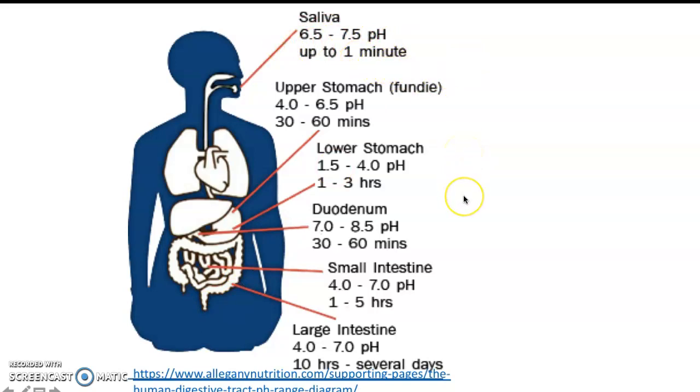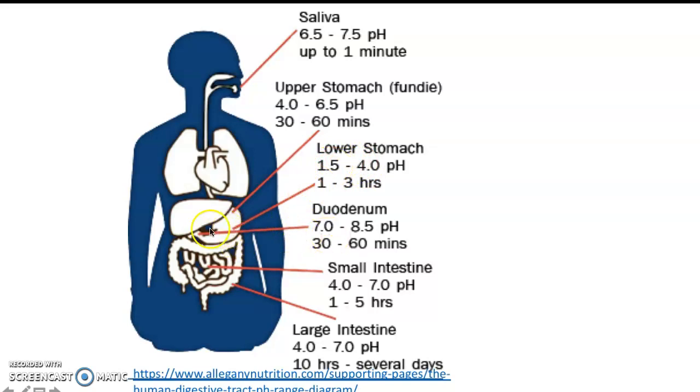He's also giving you an idea of how much time foodstuffs spend in each of those places, which is not really what we're going to talk about, but it is kind of interesting. So I do want you to see right off the bat that in the mouth, saliva has a pH of 6.5 to 7.5. As we go to the stomach, the pH drops dramatically, and the pH in the stomach can actually be below 1.5 if you've just had a meal.